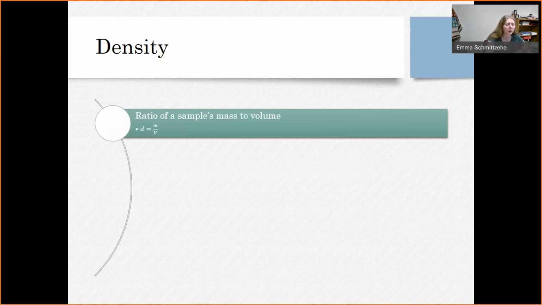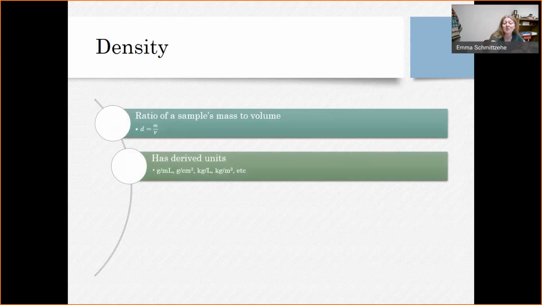Okay, so it's really a combination of the physical properties of mass and volume. So the unit of density is just a derivation from those. Okay, so it's a combined unit. Okay, it has a combined mass per volume unit.